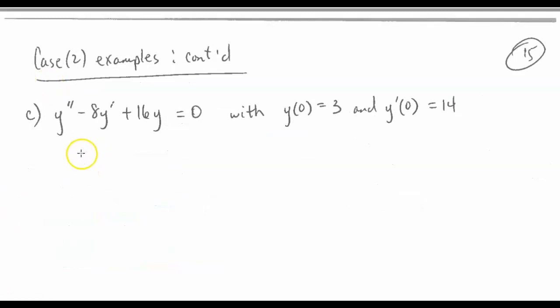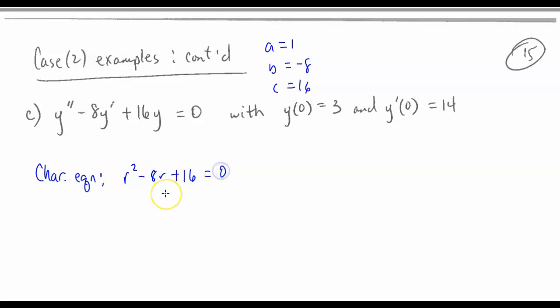All right, so let's work this example together here. Again, we see we have a second order linear homogeneous equation with all constant coefficients. So we can go directly into the characteristic equation where A is 1, B is -8, and C is +16. So this ends up giving us r squared minus 8r plus 16 equals 0 as our characteristic equation.